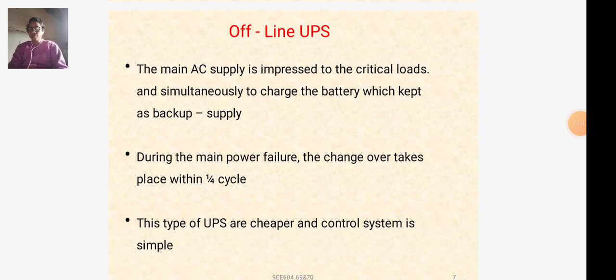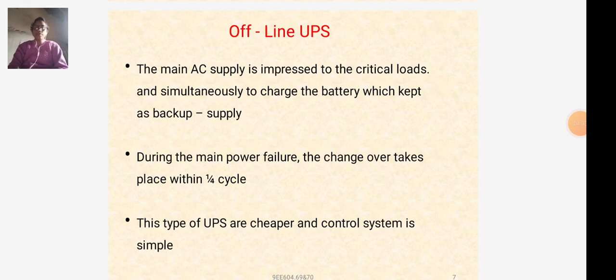In the offline UPS, the main AC supply is impressed on the critical loads and simultaneously charges the battery, which is kept as backup supply. During main power failure, the changeover takes place within 1/4 cycle.